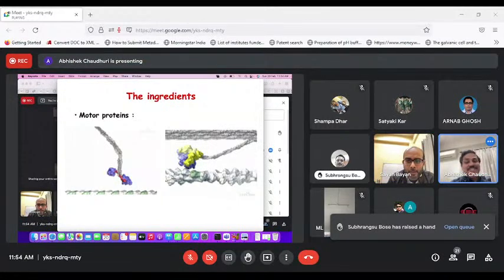That's an experimentalist question, and so far as I know, a large number of the understandings of how these motor proteins move have happened via what are called in vitro experiments.